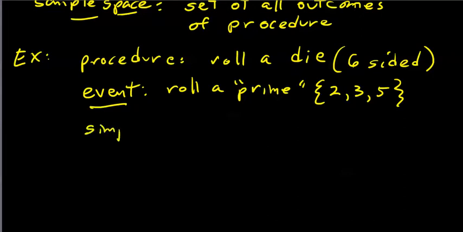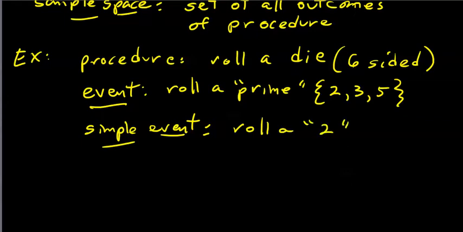Now, a simple event. Remember, from the definition, a simple event is an event that cannot be broken down into other, simpler events. So an example of a simple event in this procedure would be to roll a 2. Now, we've all encountered probability before in our lives.